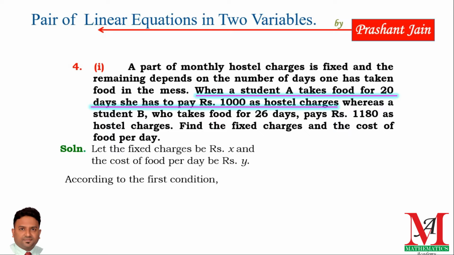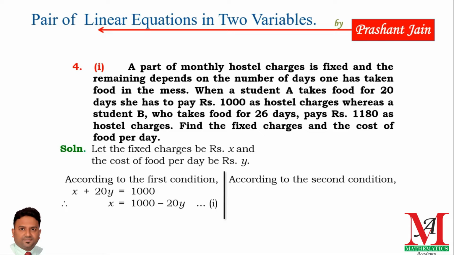We have to pay the fixed charge, that is rupees X, and the cost of 20-day food, that is 20Y, and the total amount she has to pay is rupees 1000. That is our first equation, and we rearrange to find the value of X in terms of Y, and let it be equation number 1.